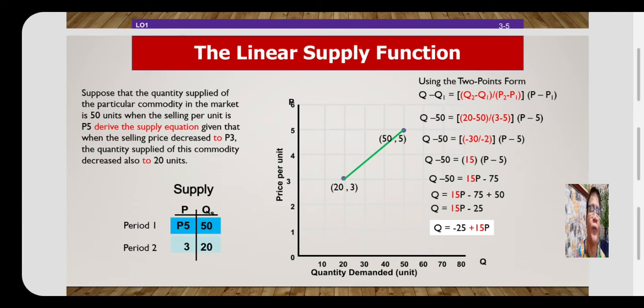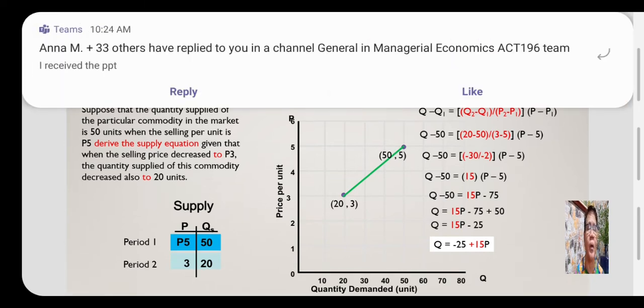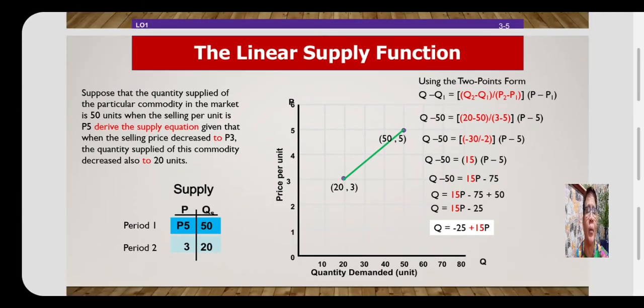So we now have the simplified equation of Q equal to 15P minus 75 plus 50, which will become quantity is equal to 15P minus 25. By rearranging the terms so that both ends have these unknown variables Q and P, we can have quantity is equal to negative 25 plus 15P.